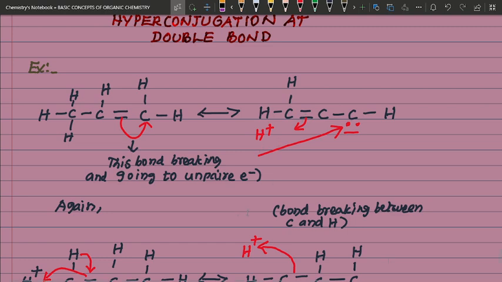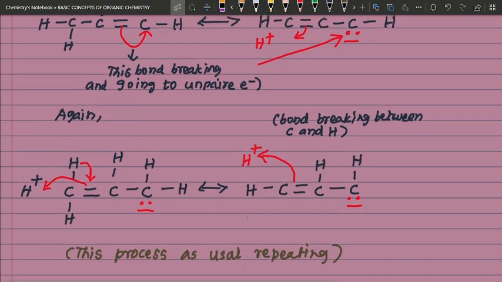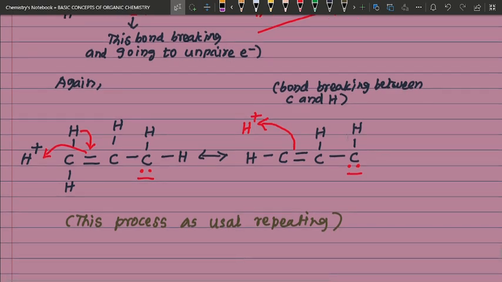Again, please, if you are confused, see the video again. Again, here the bond between the carbon and hydrogen atom breaks. So hydrogen goes out as an H plus ion.